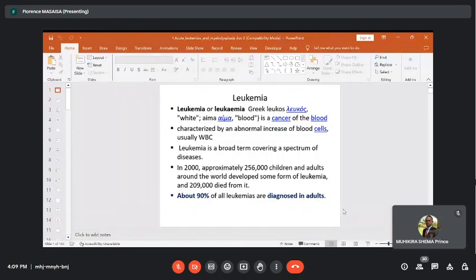So it is a broad term covering a spectrum of diseases, where in 2000, that is a long time ago, 256,000 children had leukemia, and among them 209,000 died from it. So when you see such a number of deaths, it means that in that period the mortality due to leukemia was very high. About 90% of leukemia are diagnosed in adults.